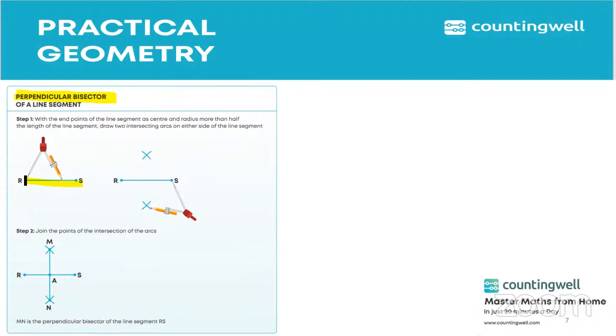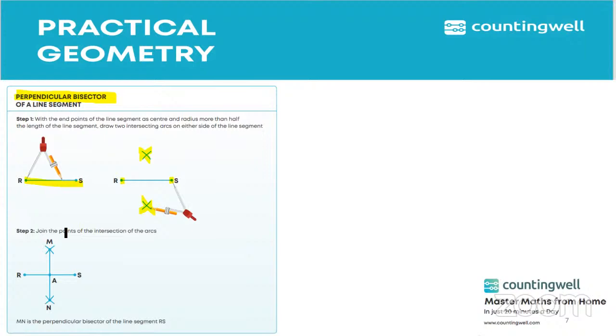So first you will keep the steel pointer on the endpoint R, and then you will draw two arcs with a radius more than half of the distance RS. Then, by keeping the pointer of the compass at S, you will draw two more arcs intersecting the previous two arcs.